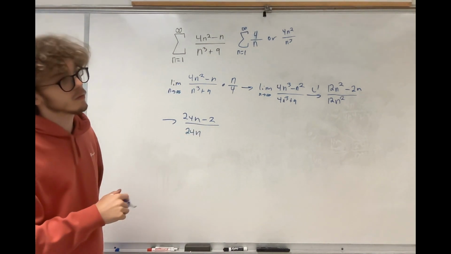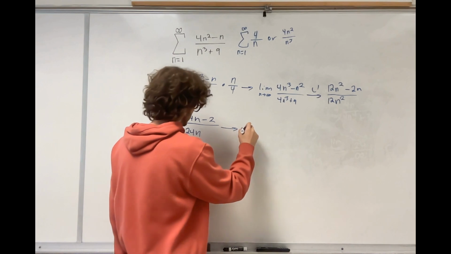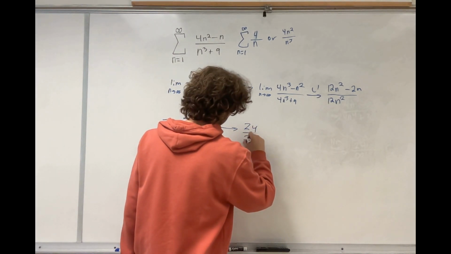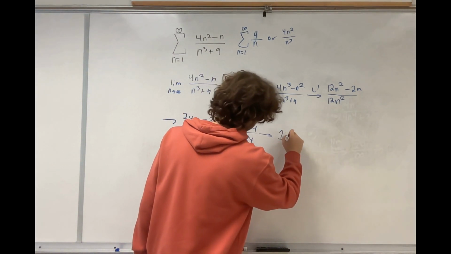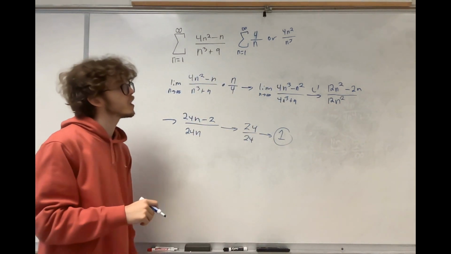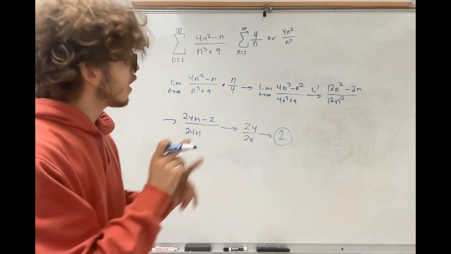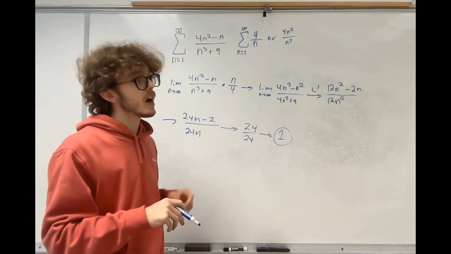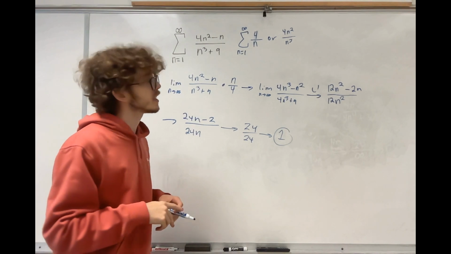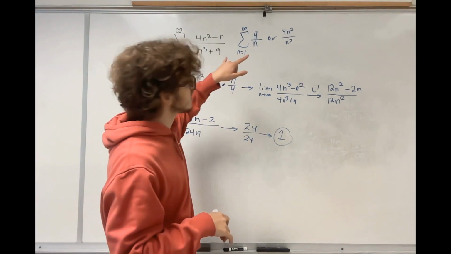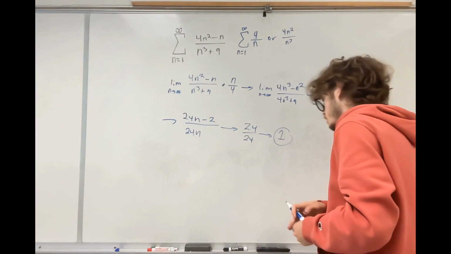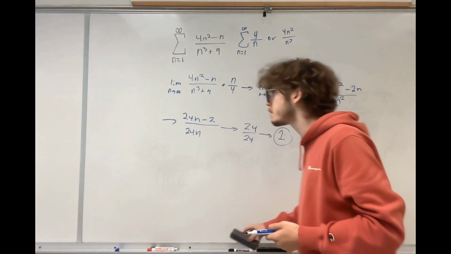Still indeterminate when we take a limit. So let's do it once more. 24 over 24, this simplifies to 1. So our limit evaluates to just 1. And because we approach a singular value of 1 and not infinity, or the limit does not exist, we know these two are linked together. They're linked. So what does this tell us specifically?